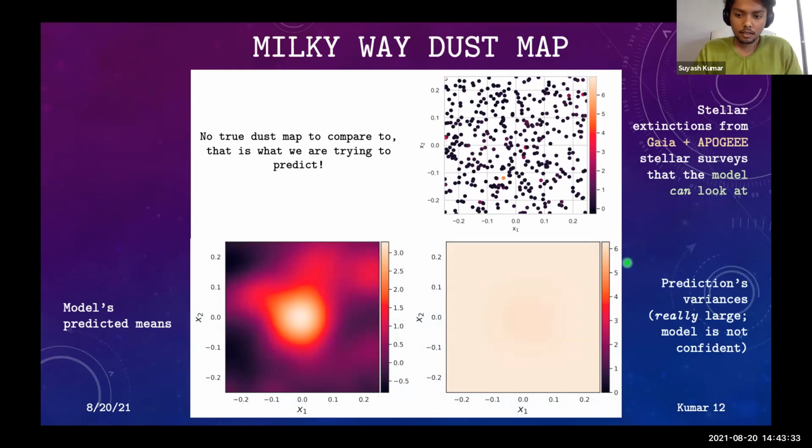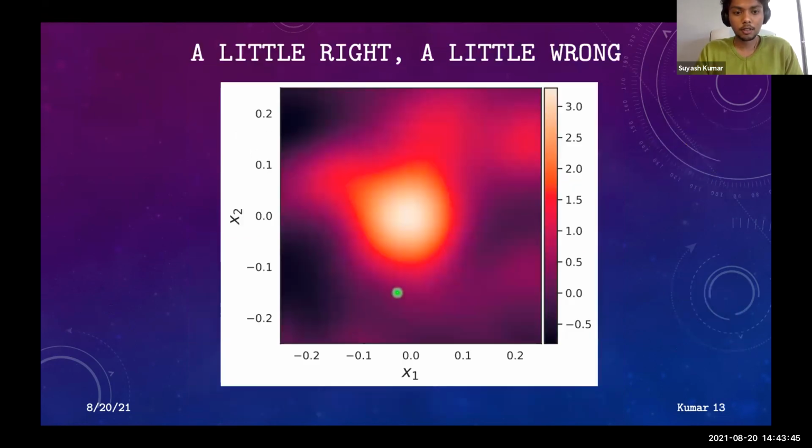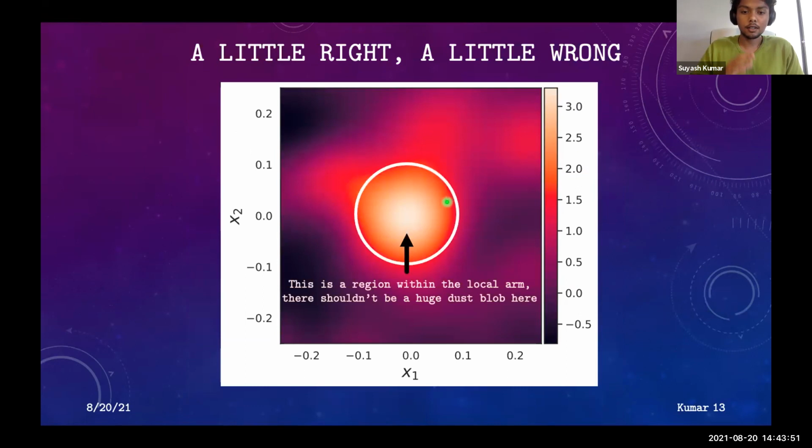As you can see, the scale of these variances is pretty high compared to the predicted means, which basically implies that our model is a bit shaky in its prediction, which can also be confirmed from the astrophysics of this dust map, because this big blob that you see right here is actually located in a region that belongs to the local spiral arm.